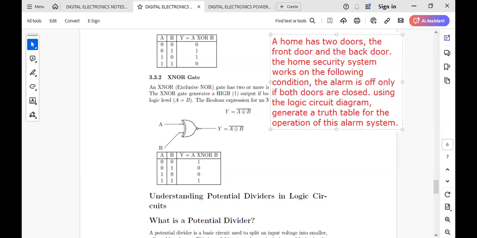The alarm is off only if both doors are closed. Using the logic circuit diagram, generate a truth table for the operation of this alarm system.